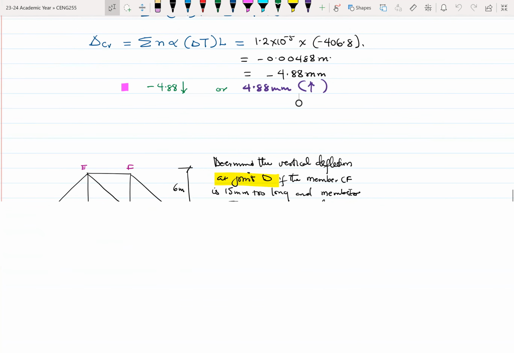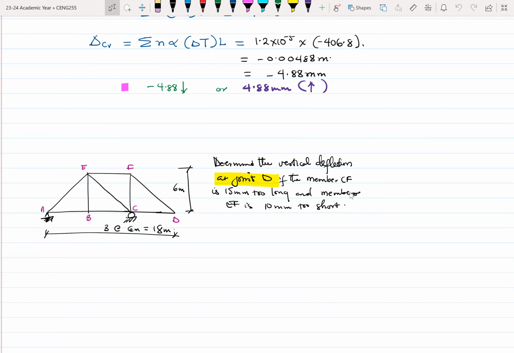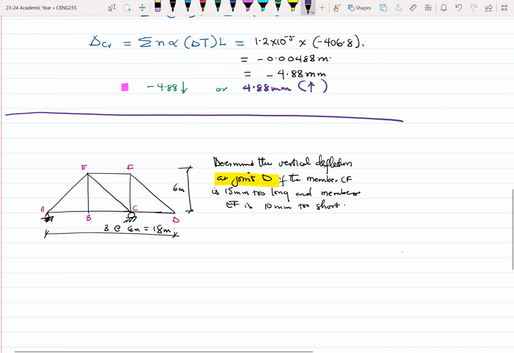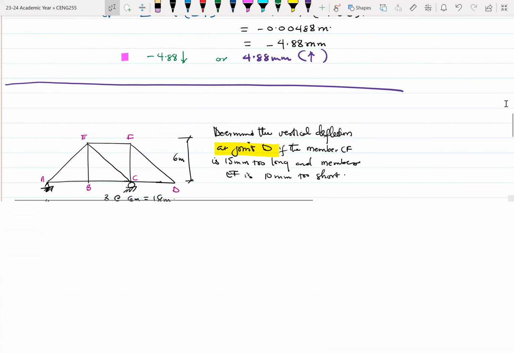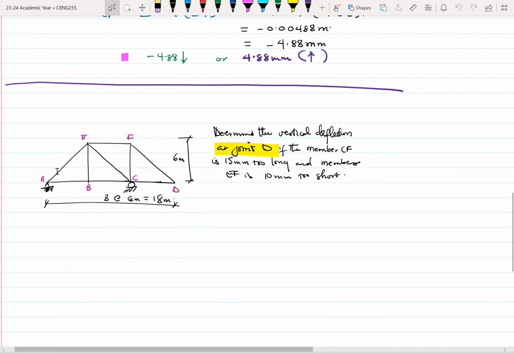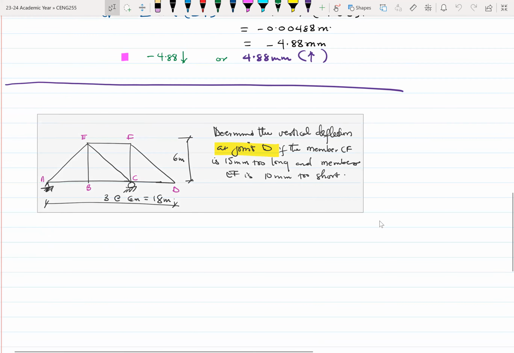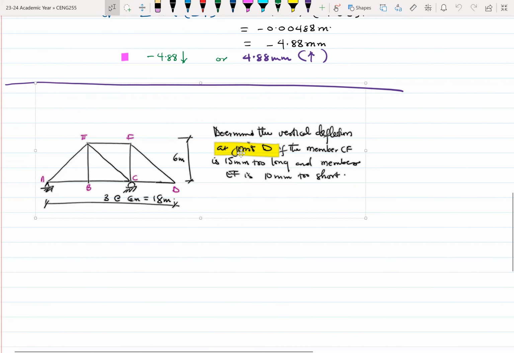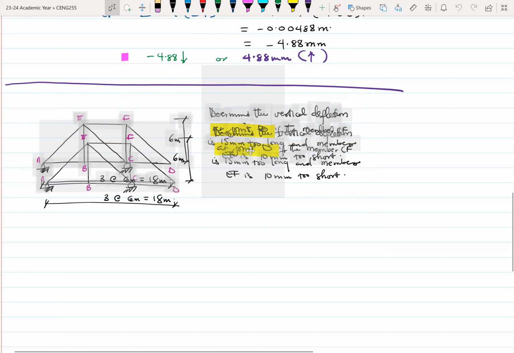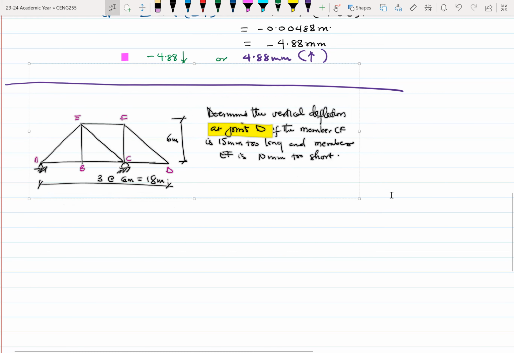So let's look at another example. And then here we have another truss system. I'll make one or two corrections on that. So we have a truss system.